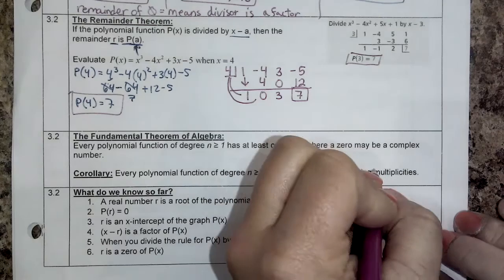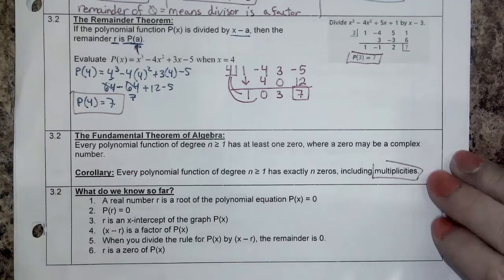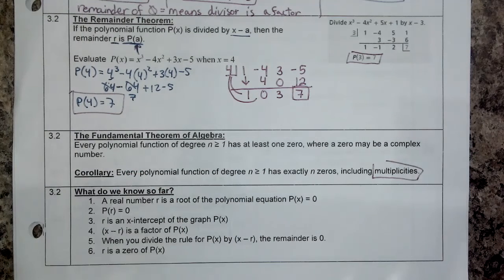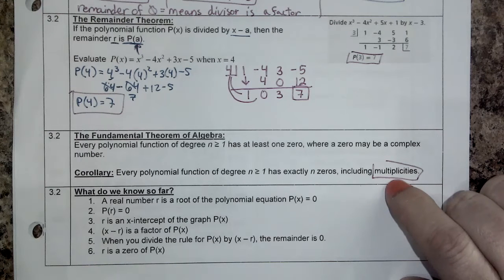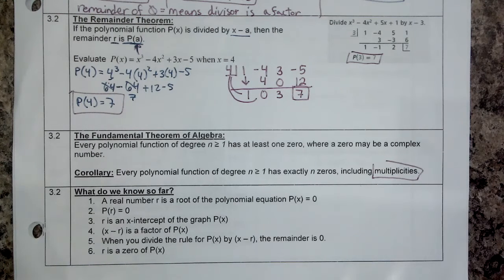Okay, multiplicities, we're going to talk about that, I think, in the next lesson or another lesson or two. But really what it means is that a zero can repeat itself. Like you get x equals 6 and x equals 6 2 times. That's fine. That just means that we'll talk about how the graph actually turns and you can tell it's a multiplicity.